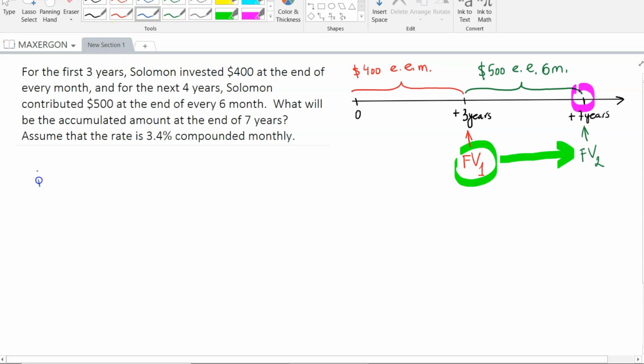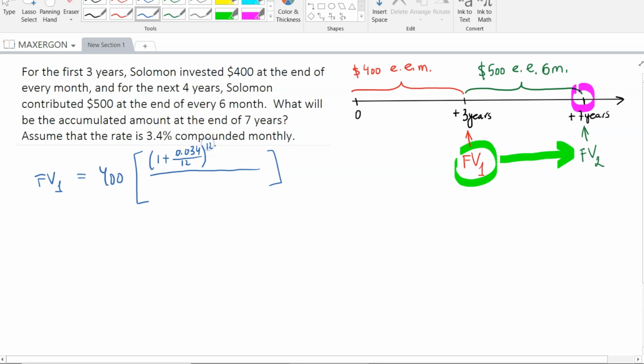In the beginning, we need to find future value 1, which is the future value of simple ordinary annuity. The payment is 400, which is multiplied by the fraction. Periodic rate is 0.034 over 12.